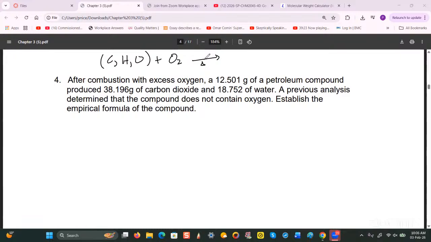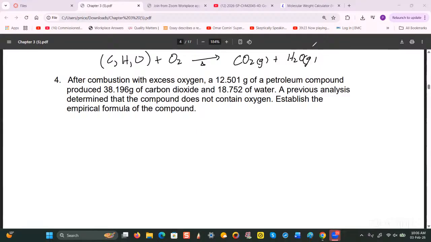In the case of organic compounds, like the hypothetical example we're talking about here, if you have a compound that contains carbon, hydrogen, and oxygen, then the products will always be CO2 gas and H2O gas, all right?